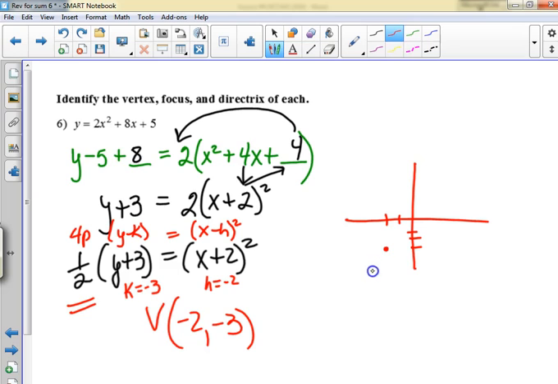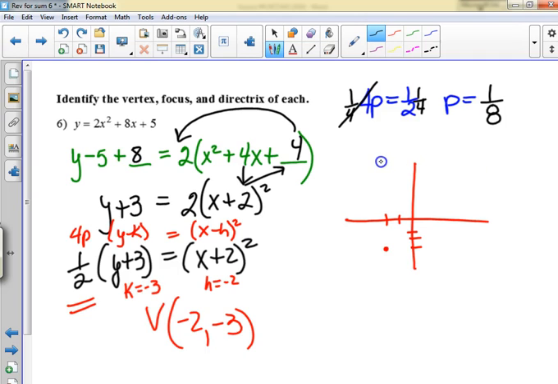Okay. If 4p is a half, what's p? Got to take 1/4 of both sides, yes? So that we get p equals what? Guys, you're scaring me. P equals an 8? Yes? Okay.